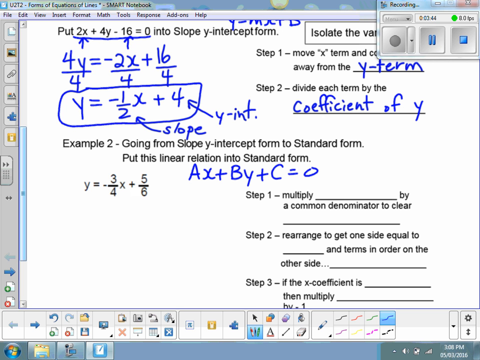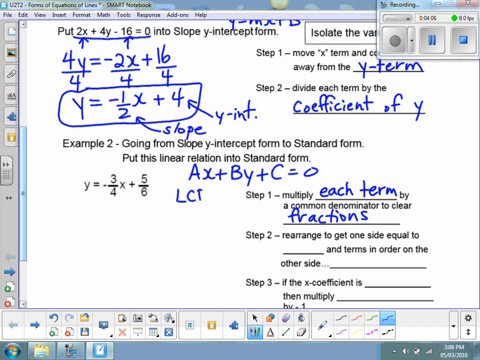So the first thing we have to do is multiply each term by a common denominator to clear the fractions. Now if you don't have fractions, you don't need to worry about it, but oftentimes the slope at least might be a fraction. So in this case we've got 2 fractions.